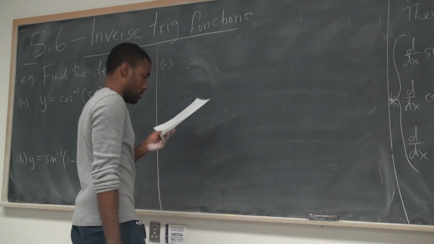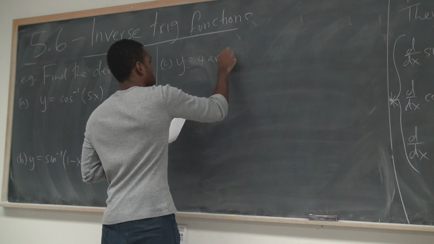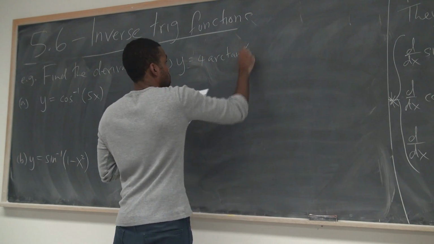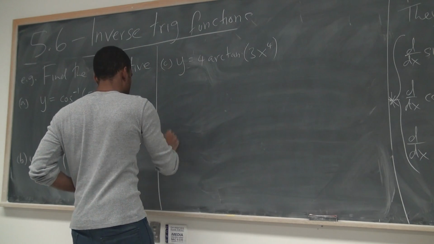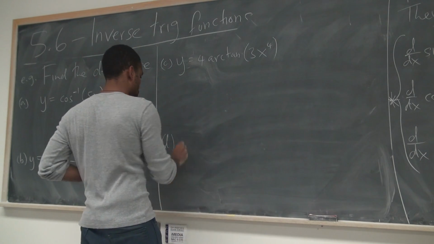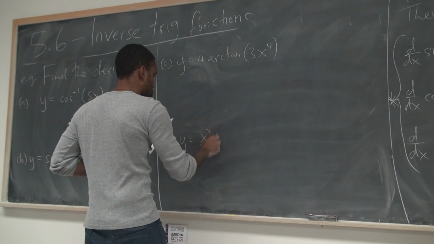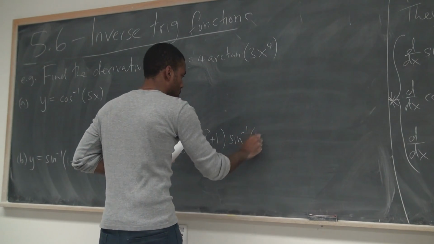C: y equals 4 arctangent of x fourth. D: y equals x squared plus 1 times sine inverse of 4x.